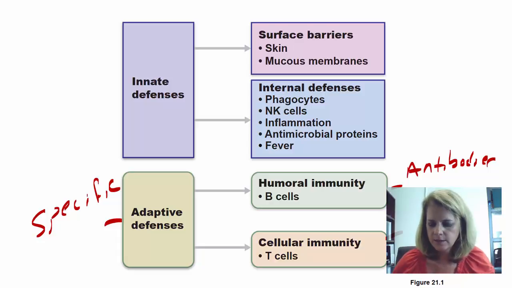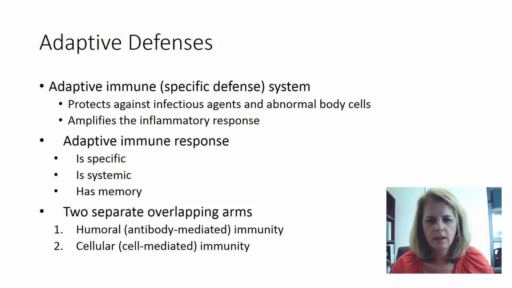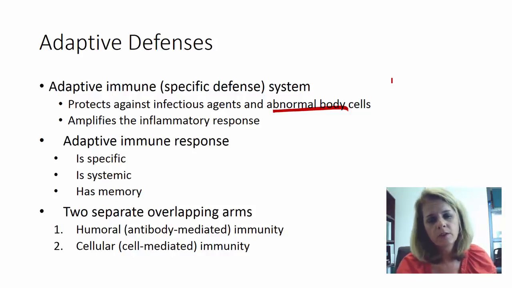Let's focus on what it means to be an adaptive defense. These adaptive defenses are going to protect us against infectious agents, pathogens, bacteria, viruses, and abnormal body cells. So these would be things that, if you had a bad blood cell transfusion, remember red blood cells have antigens on them, so this is what would happen if you had a bad transfusion reaction.